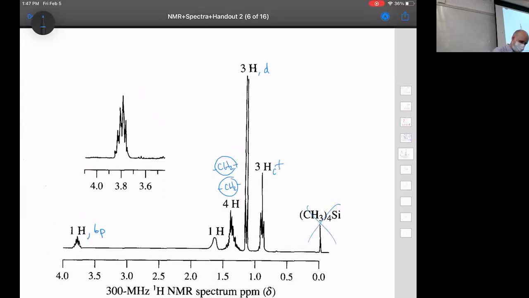So you have A, B, this is C and D, E and F. So interpret A and B and E and F, and using those, you'll be able to put the molecule together. If you have questions, you can ask me. Otherwise, I'm going to give you about 8 minutes now, and then we'll work on it together.